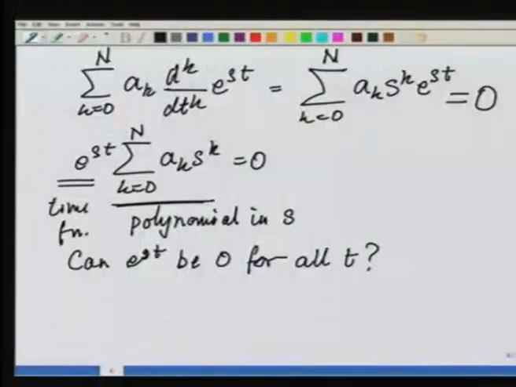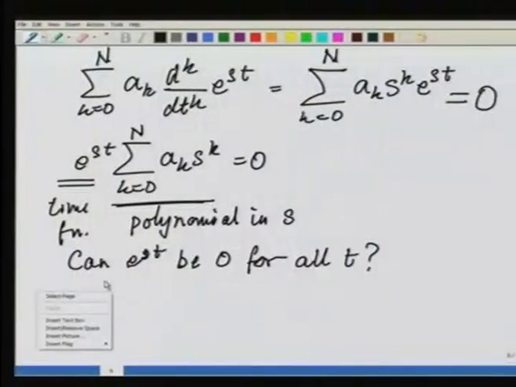For all these cases, we found one very common and very steady fact about the complex exponential, about the general exponential, that e to the st is not just not 0 at all time, it is not even 0 at a single point of time on the time axis.